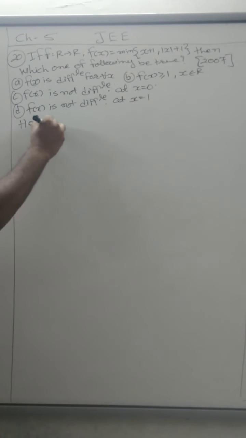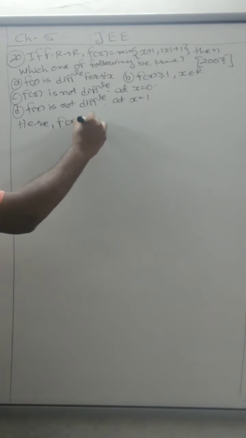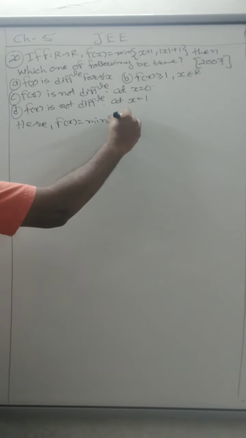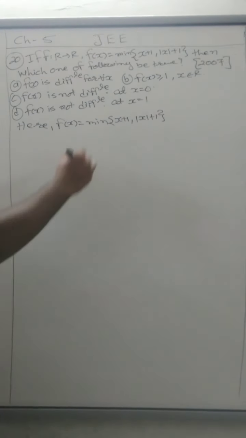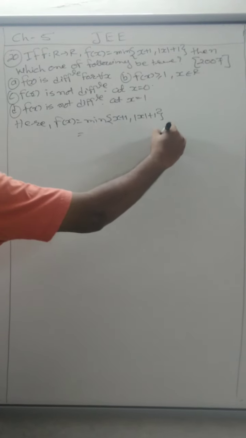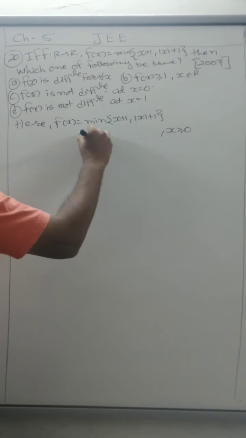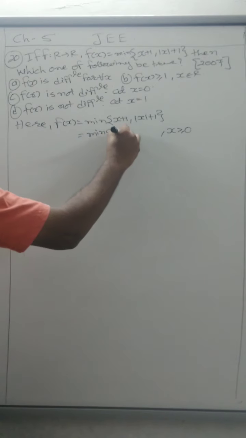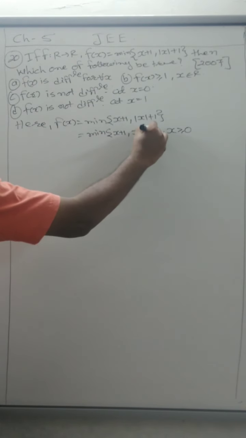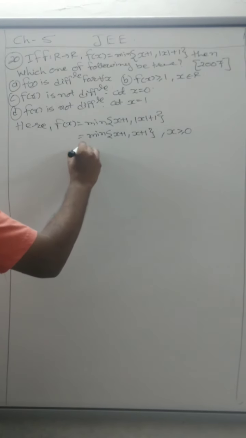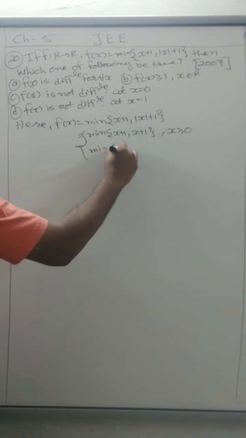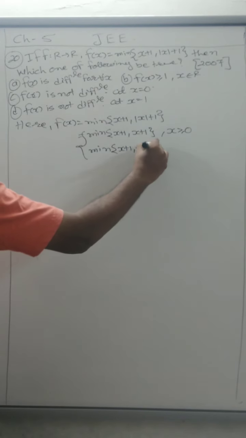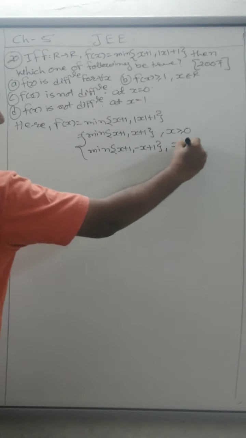Here f(x) equals the minimum of (x + 1) and (|x| + 1). Since mod is given, we take two different cases. First, x is greater than or equal to 0, then the minimum of x + 1 and x + 1. Second, the minimum of x + 1 and -x + 1 where x is less than 0.